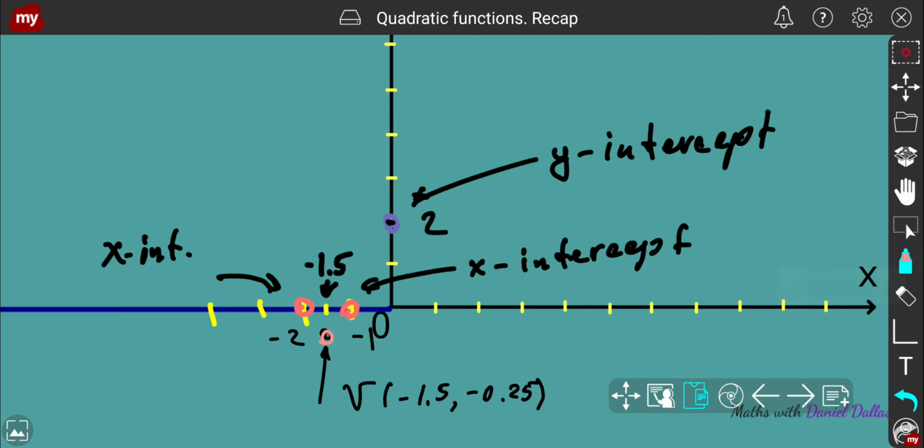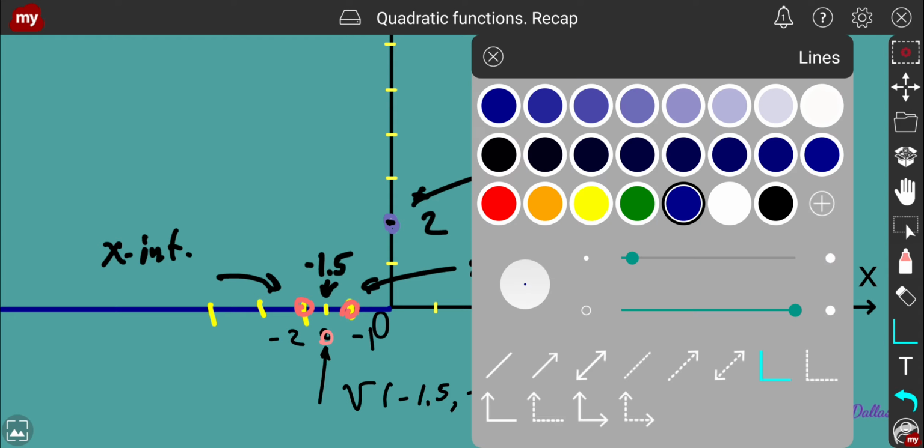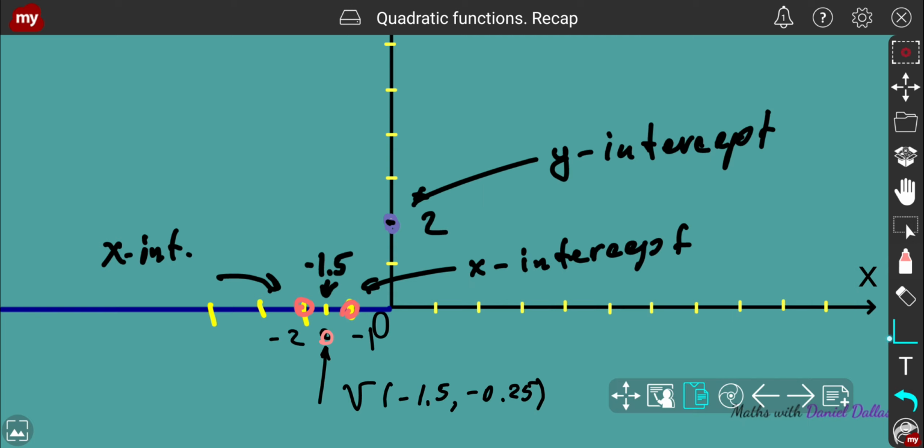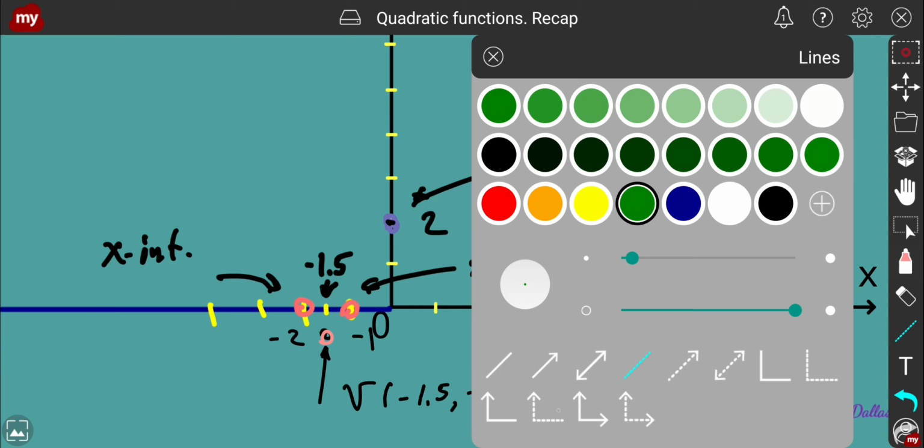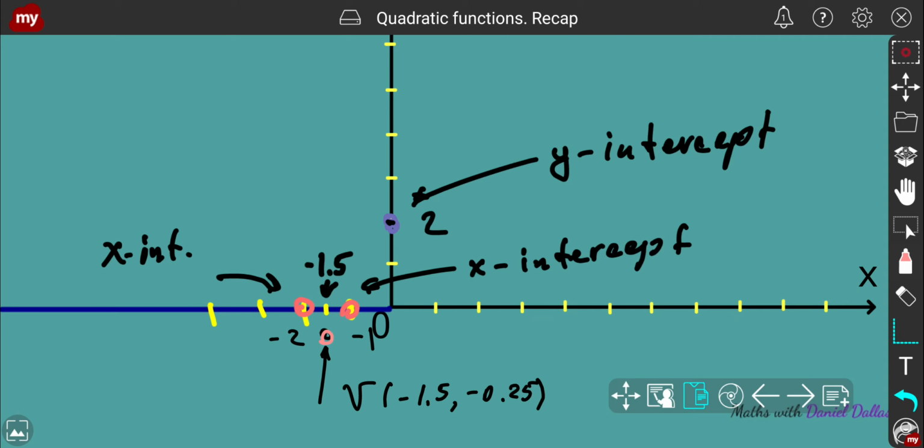We can draw the parabola, but before doing that, that's actually 4 points. So 2 x-intercepts, 1 vertex, and 1 y-intercept. But before we do that, I prefer to use the line of symmetry. So it's going to be the vertical line, which goes through the vertex point and vertically.